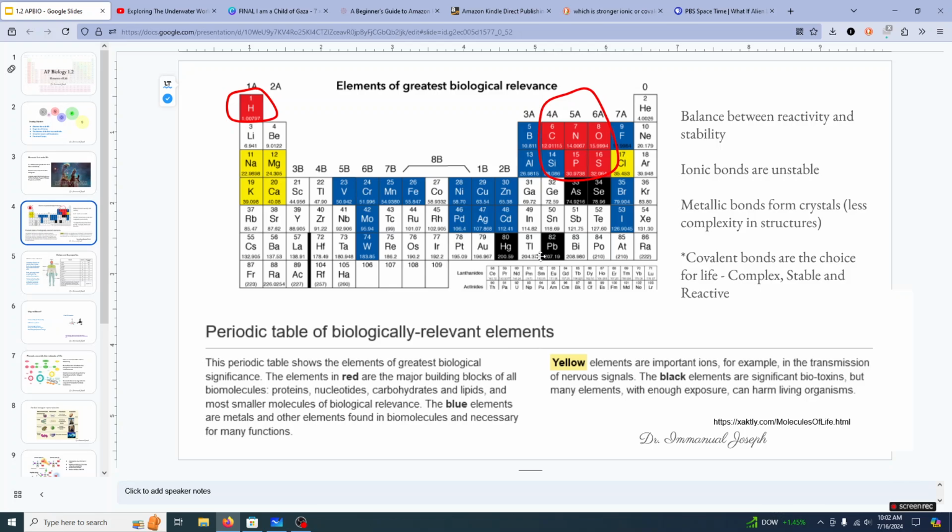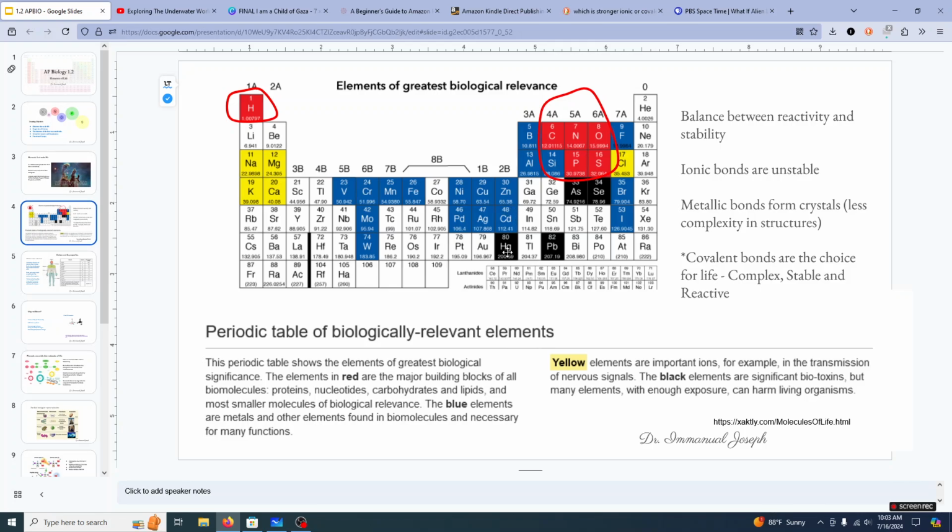Now, the types of bonds that are formed define the nature of the molecules that they create. So, for example, the stability of the molecules being created depends on whether the bond is ionic or covalent, and also whether the products that are created are stable or can have a certain amount of flexibility to be converted back to the original reactants.